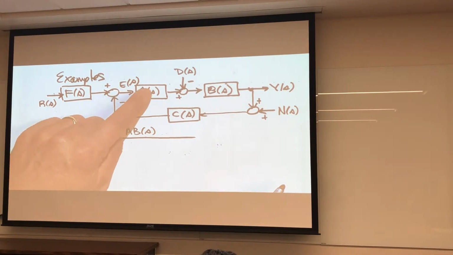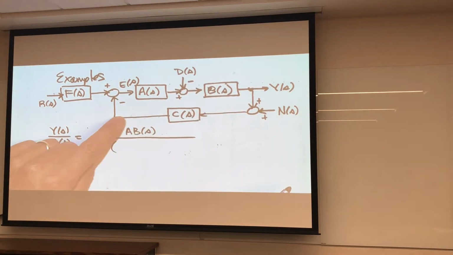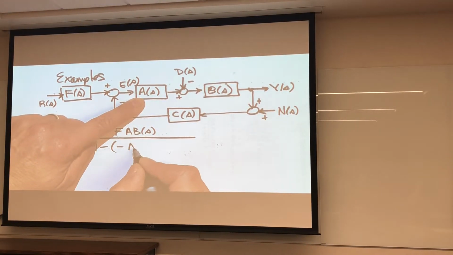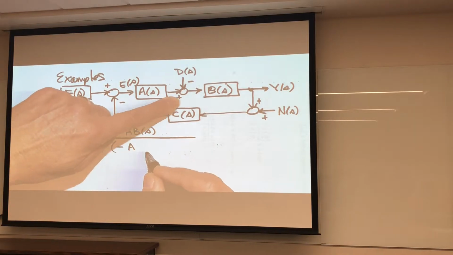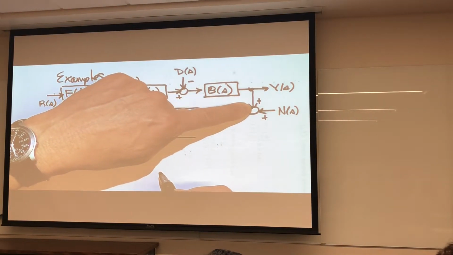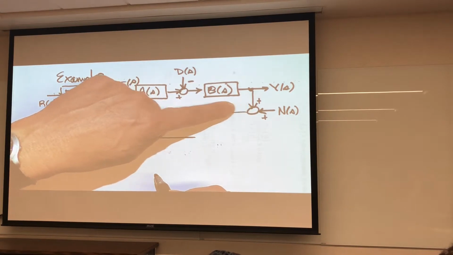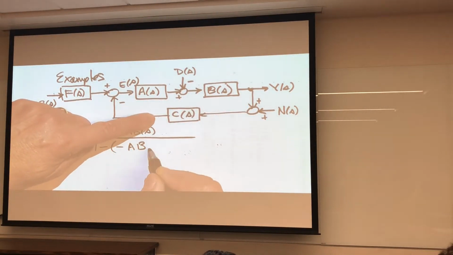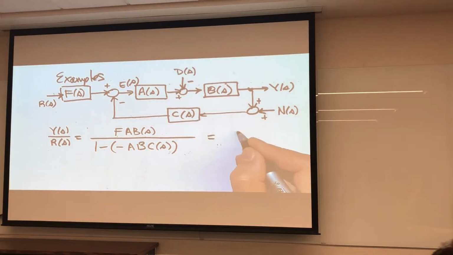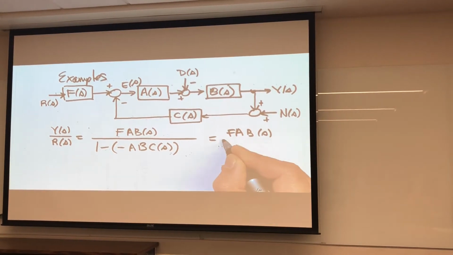I see a minus sign, an A, a plus sign that doesn't change any signs, a B, keep on going around, a plus sign that doesn't change the sign of the information, and then a C. So the answer is F, A, B of S divided by 1 plus A, B, C of S.